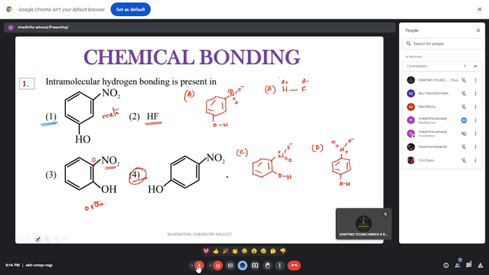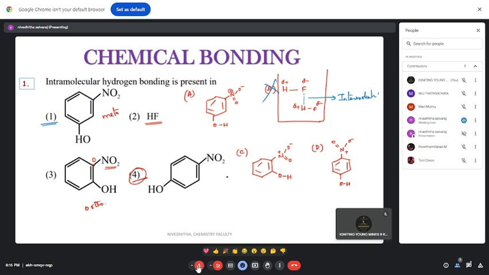If a beaker contains HF compound, then hydrogen bonding will be formed between the partial negative fluorine and the partial positive hydrogen. This is called hydrogen bonding, but it is formed between molecules, right? So this is called intermolecular hydrogen bonding. So this is not the case.